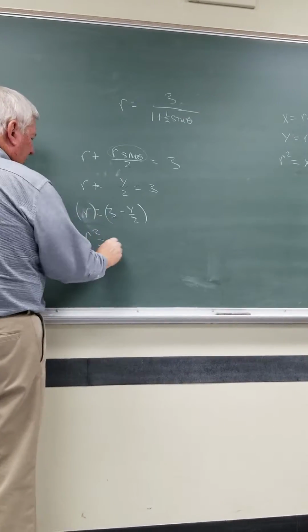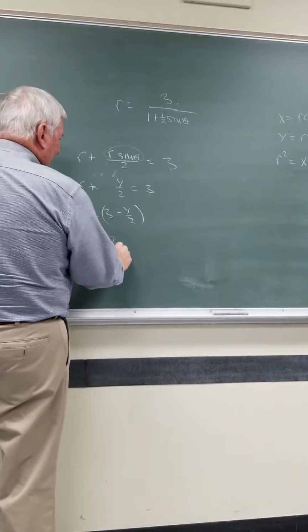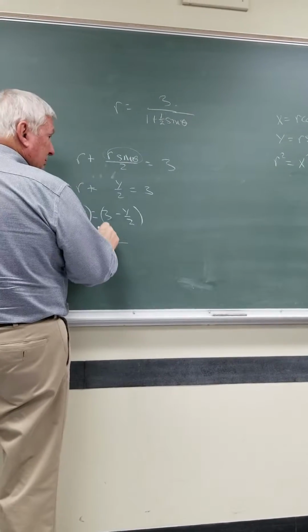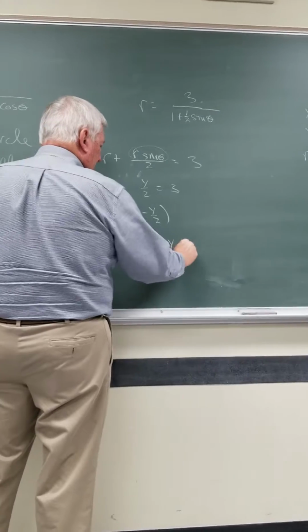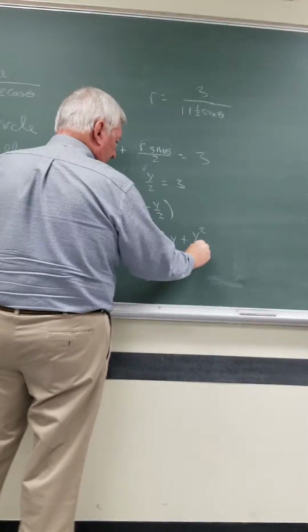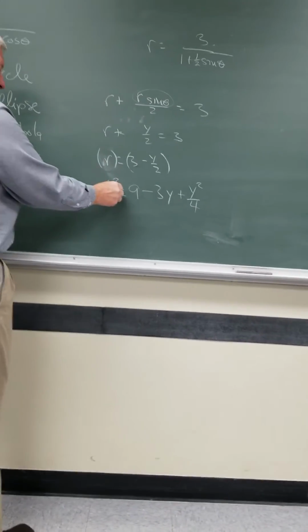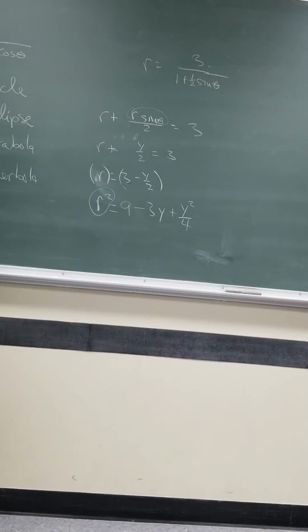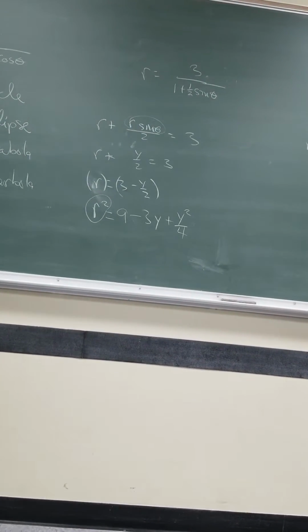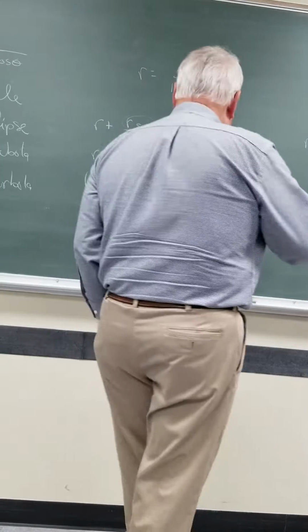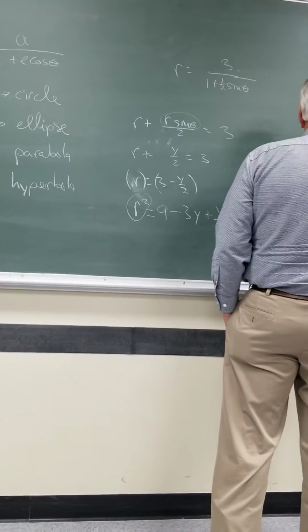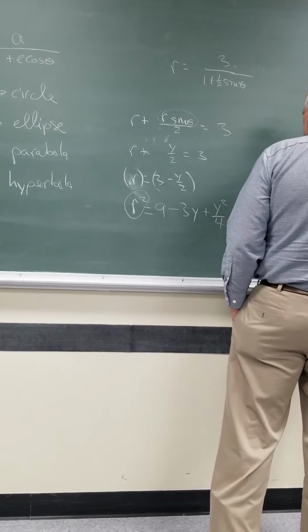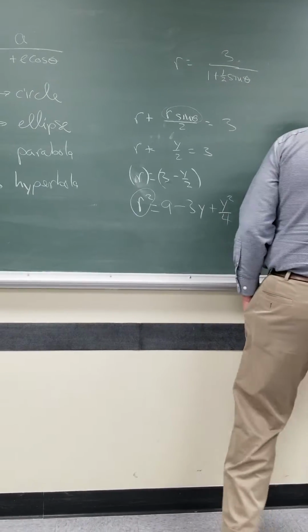R squared is equal to 9 minus 2 times the first times the second, 3y, plus the second squared, y squared over 4. This is x squared plus y squared, so we have the equation x squared plus y squared is equal to 9 minus 3y plus y squared over 4.